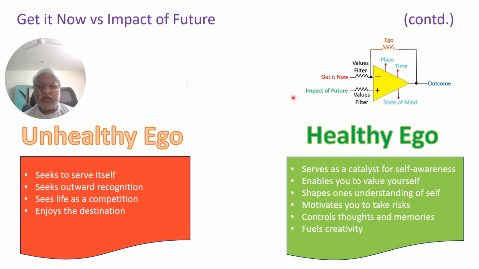So in both cases, either the immediate satisfaction, craving for immediate needs, or the impact on the future, these are all controlled by values. How one uses these things will differ. Everybody knows about the value system, but whether they honor it differs.